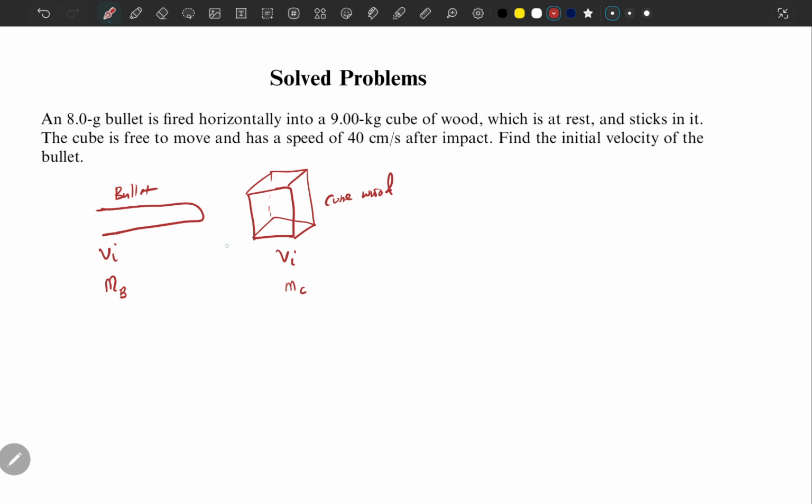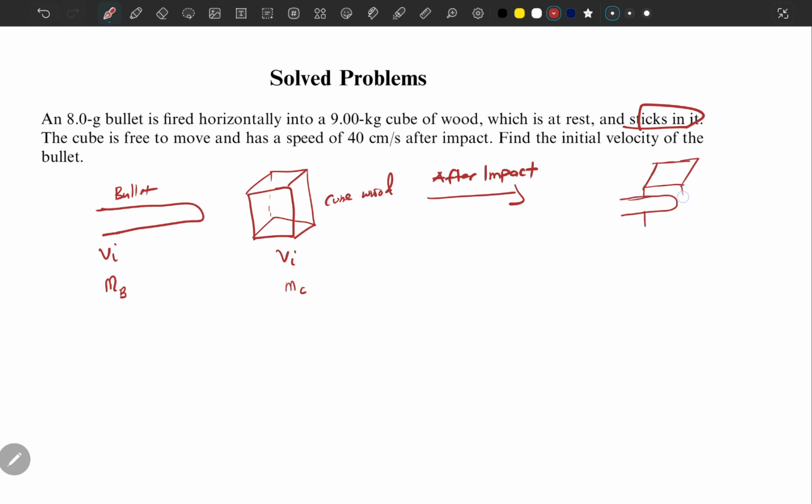Now, after they collide, they stick together. When they stick together, they form one system. Before, there are two systems, system A and system B. But after impact, the cube now contains the bullet inside.